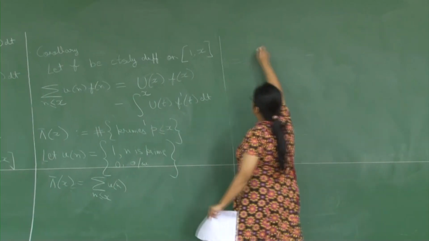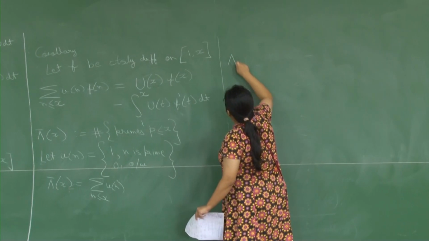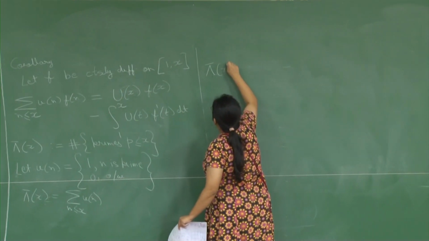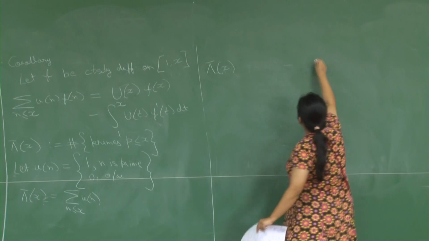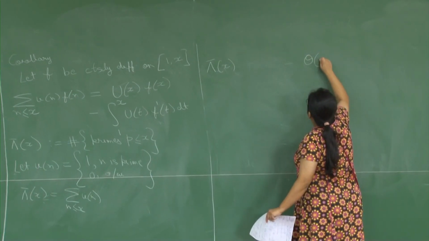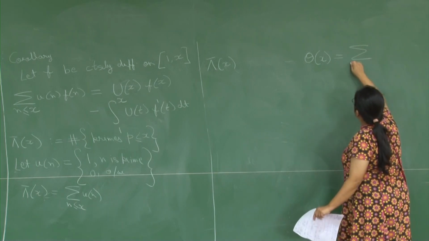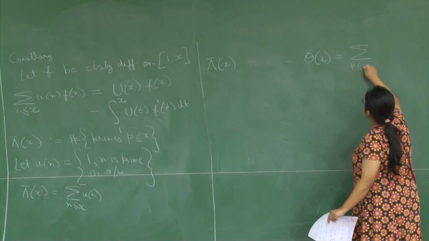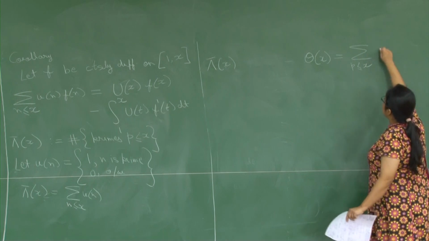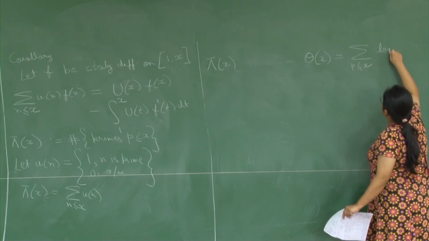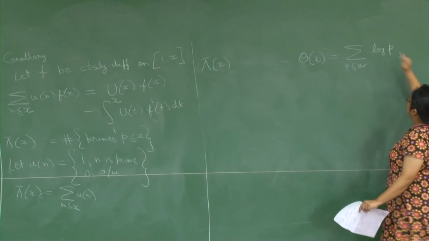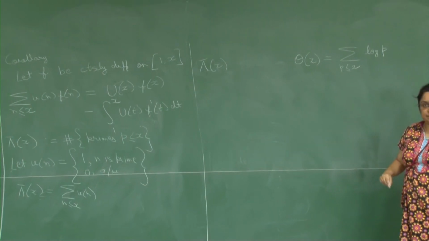So, here is the situation. You have the prime counting function pi of x, and then you also have a function which you call theta of x, which is the summation over p less than or equal to x, where we attach the value logarithm of the prime to each prime.